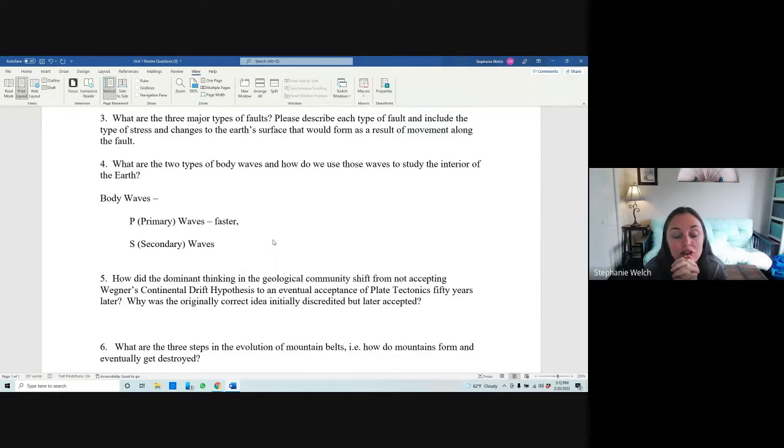And the other major distinction is that they have the ability to travel through all kinds of different medium. They can travel through solids, liquids, and gases.